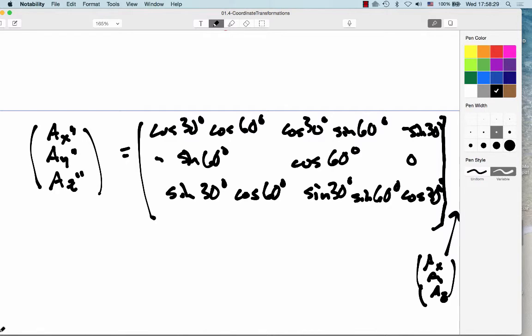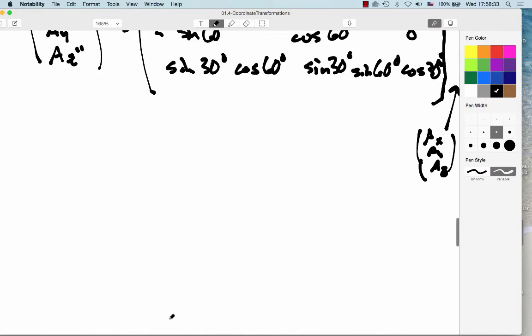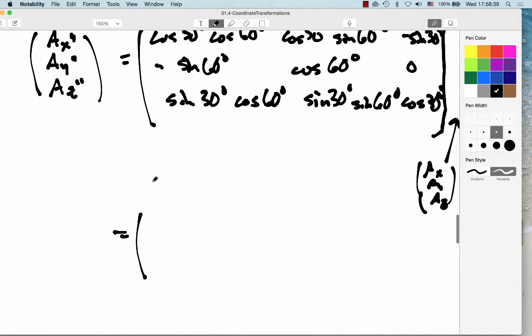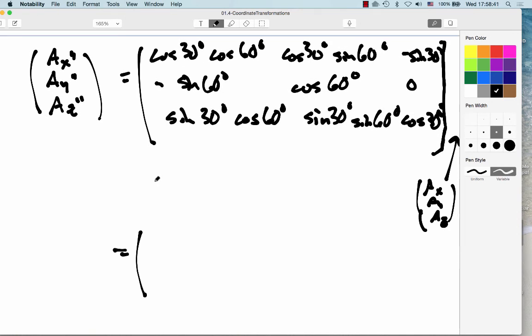Alright, so now we got all that. We remember what those values are. Cos of 30 is root 3 over 2. Cos 60 is a half. Cos 30 root 3 over 2. Sine 60 root 3 over 2.